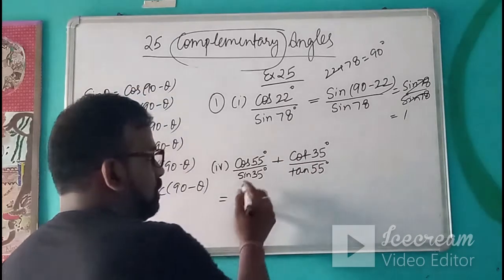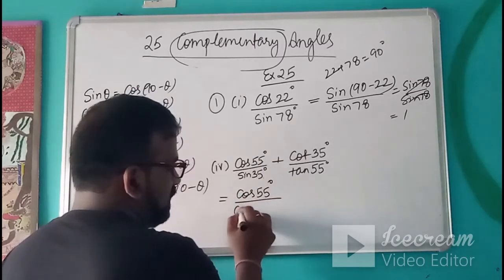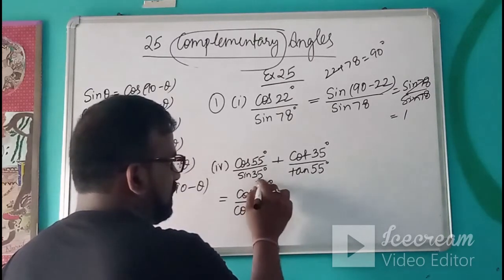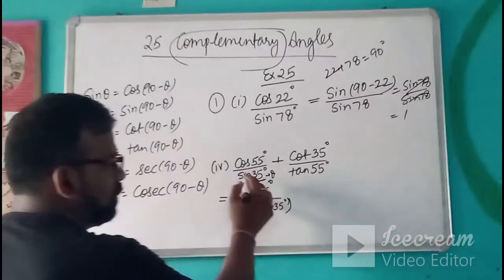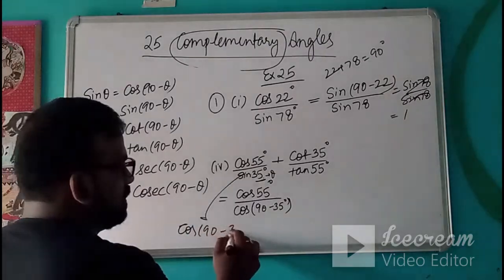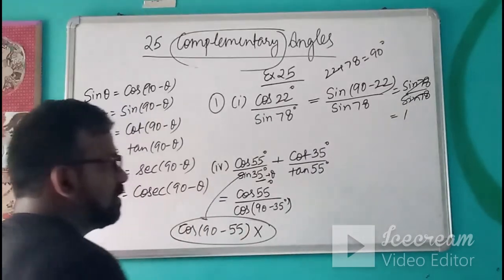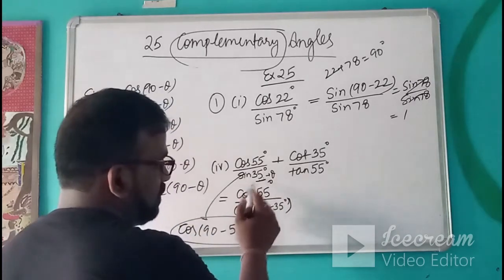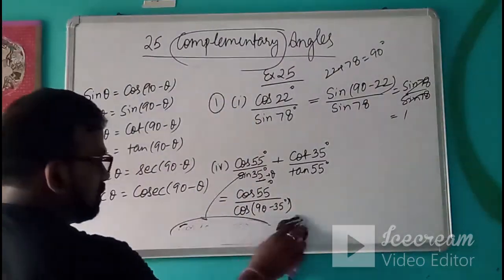So suppose you want to replace sin theta, what is our sin theta? It is actually cos 90 minus theta. Okay, this is my theta. Remember this. Don't be confused, do not write it like cos 90 minus 55. It is absolutely wrong. You have to replace this sin theta, this is your sin theta, and you have to replace it by cos 90 minus theta. This will be your theta. So don't make this mistake.